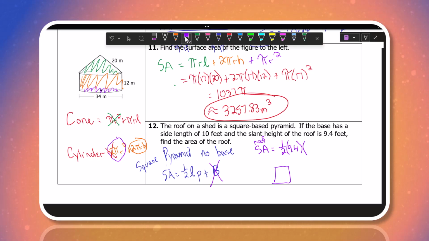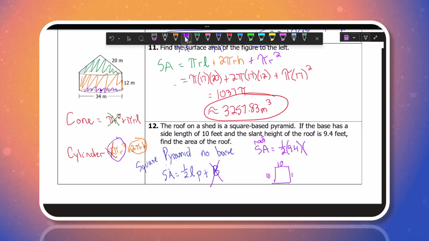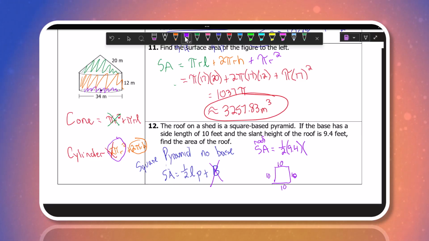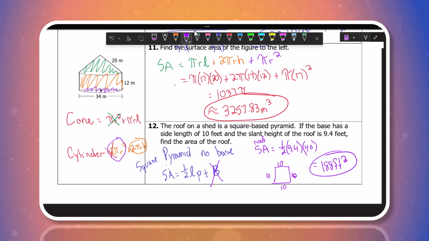The base is a square with side length 10. 10, 10, 10, 10. We add them up, we get 40. Then we throw it into our calculator or Desmos. We get 188 feet squared. And that is how you find surface area of cones and pyramids, as well as some cool word problems.